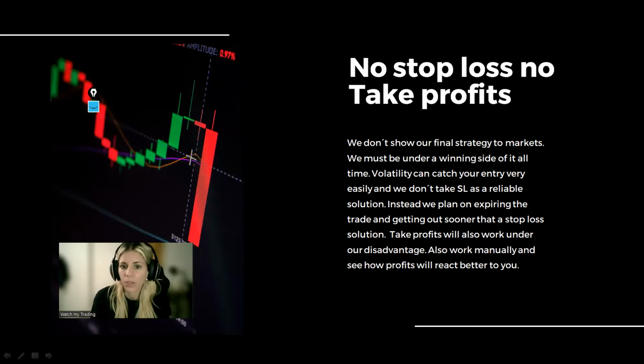We get to know when we are in a trade that is not on the right side at that price. Take profit will also work to our disadvantage, so work manually and see how profits react better. Every time you have to expire the trade, do it manually. Just don't count on the stop loss.